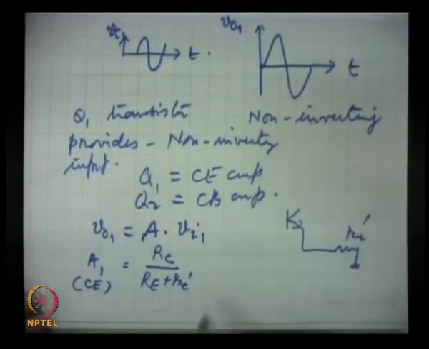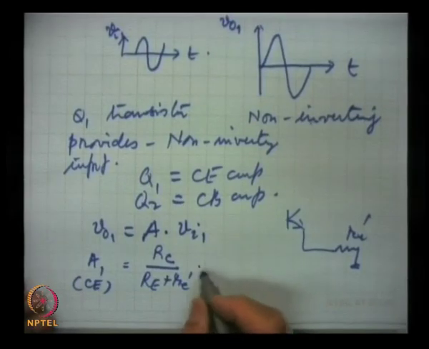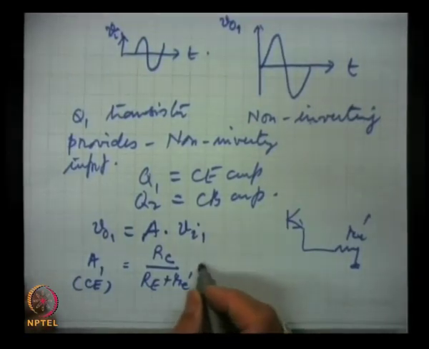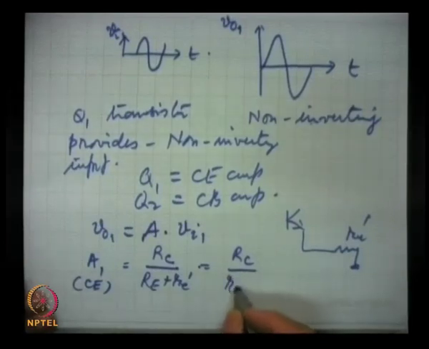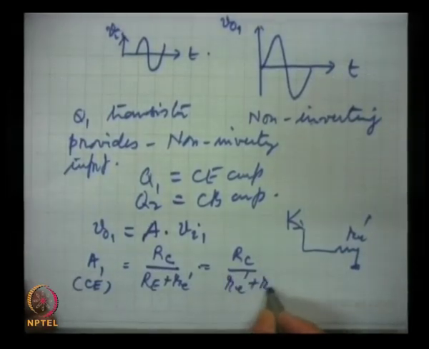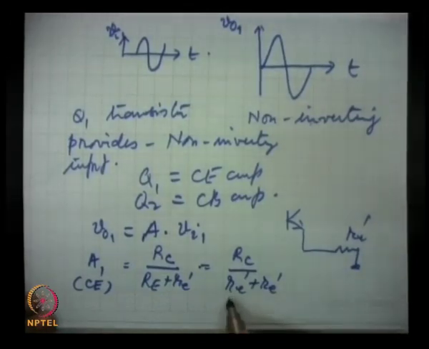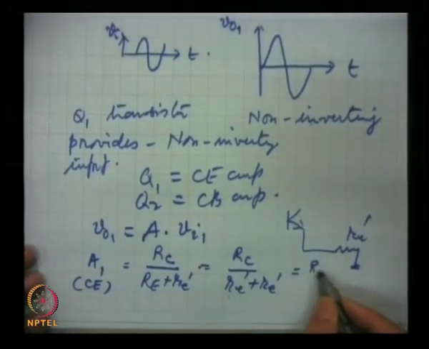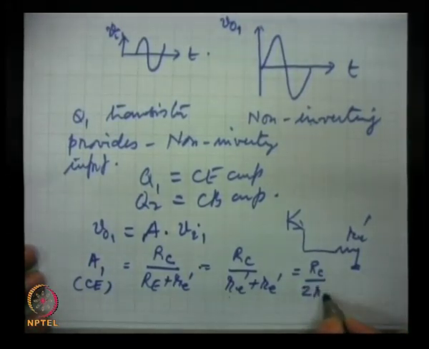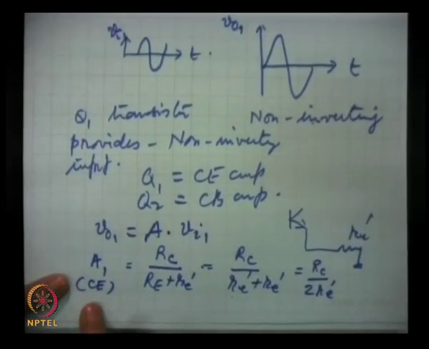So, A1 is equal to RC by re prime plus re prime. One is from Q1, the other is from Q2, and hence this is equal to RC by 2 re prime, and this is because of the CE stage.